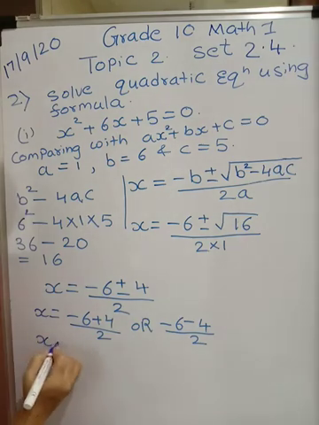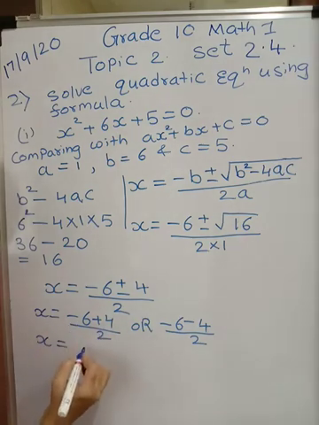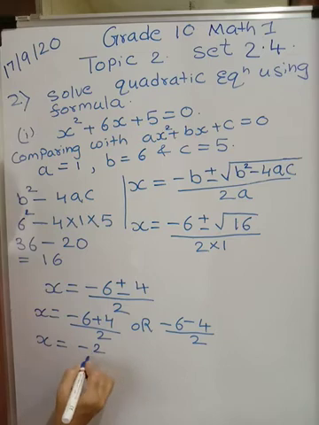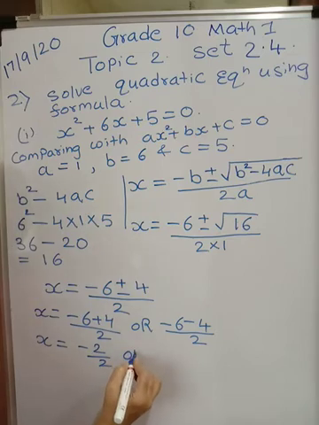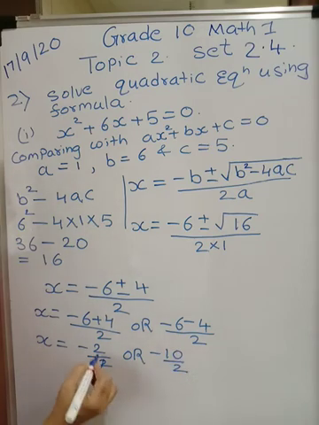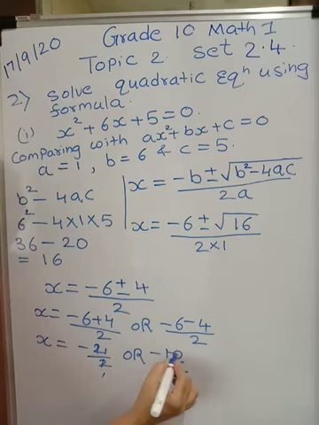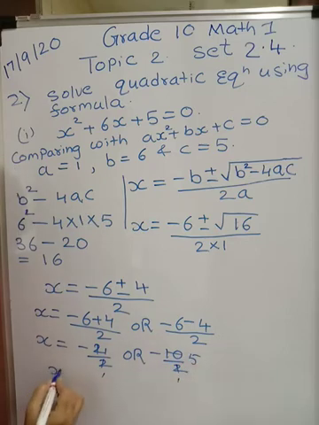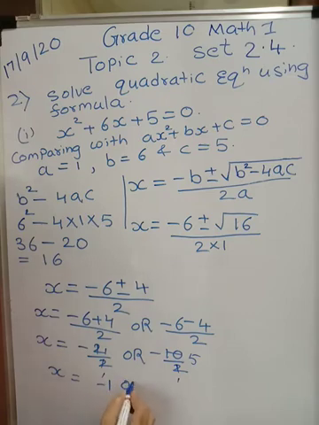Now x will be minus 6 plus 4 is minus 2 upon 2, or minus 6 minus 4 is minus 10 upon 2. Can we cancel this? 2 ones are 2, 2 fives are 10. So x will come out as minus 1 or minus 5.